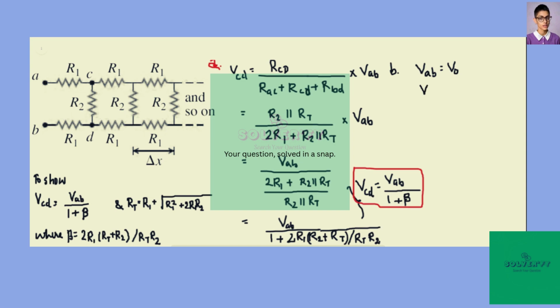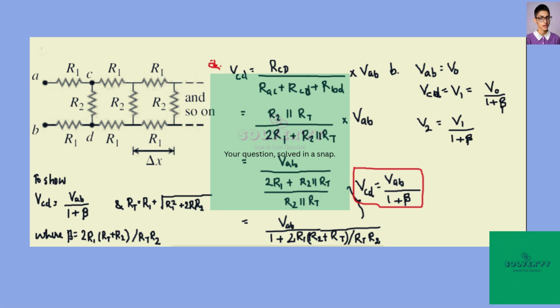For the 0th segment, V is V naught. For the first segment we found that VCD, which is V1, is equal to V0 upon 1 plus beta. Now if you look at the second segment, V2 should obviously be equal to V1 upon 1 plus beta, and so on.